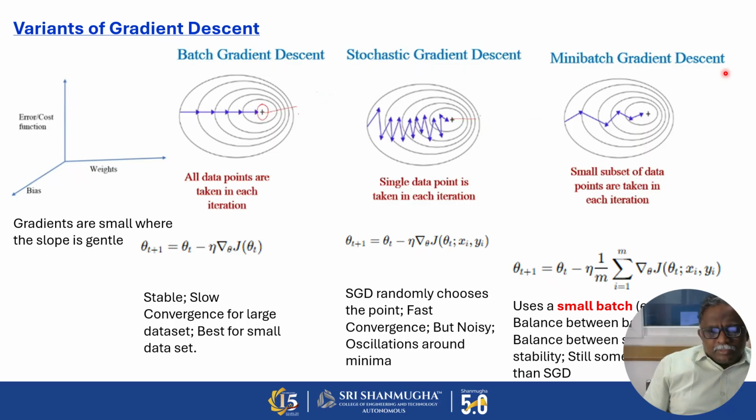It balances both speed and stability. Where we get stability, here it is going to be faster. So mini batch gradient descent will have both advantages.